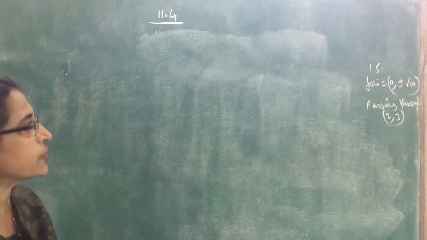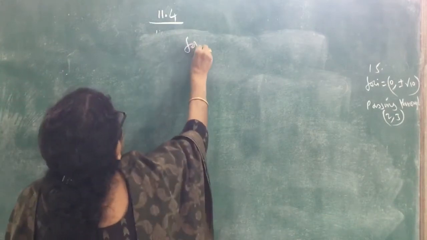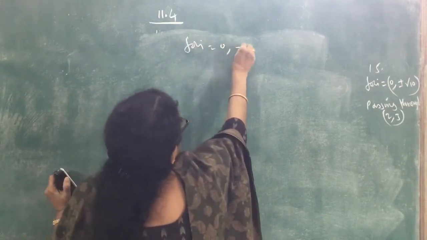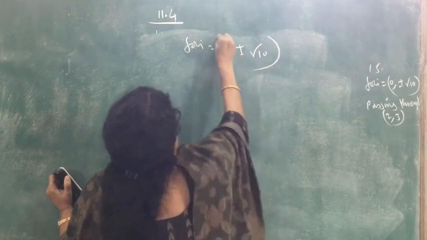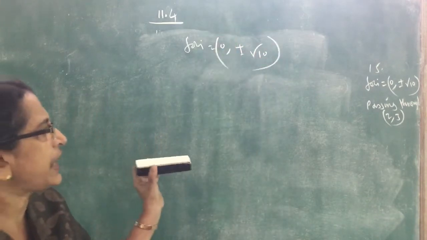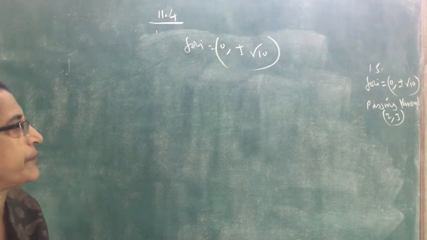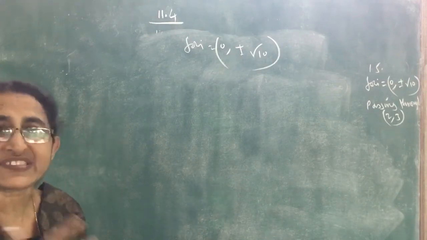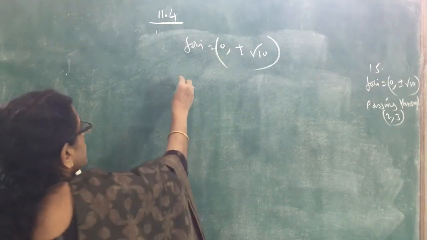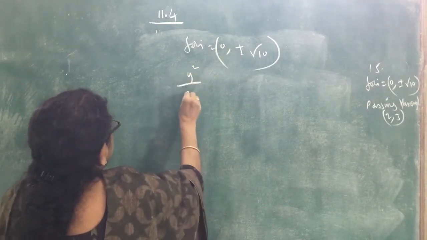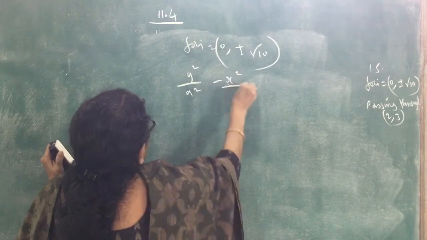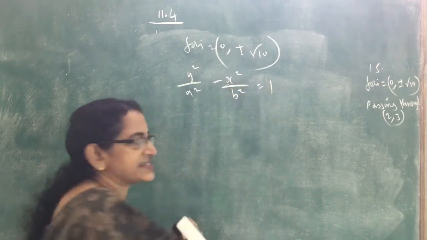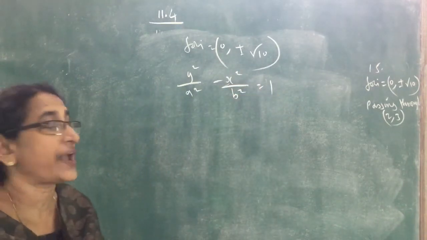The hyperbola is the second type because the foci lie along the y-axis. Therefore, second type hyperbola. The equation of that hyperbola is y square by a square minus x square by b square equal to 1.